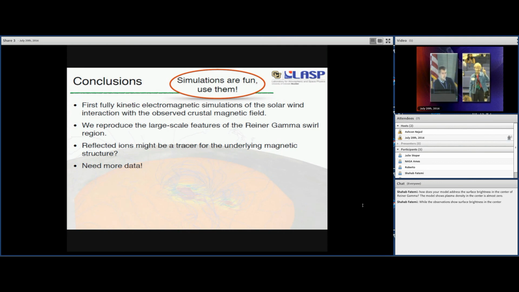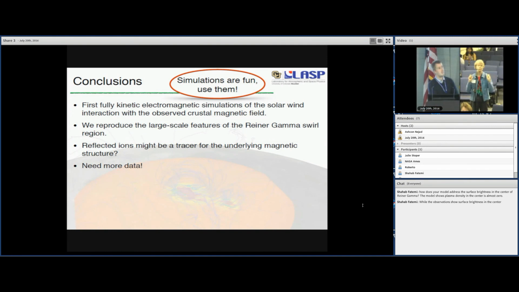However, that's just because Reiner Gamma is difficult. There is at least one area on the Moon where we had high-resolution M-cube data, and the geometry was such that it was not as harsh. This is in the Marginis swirl area.